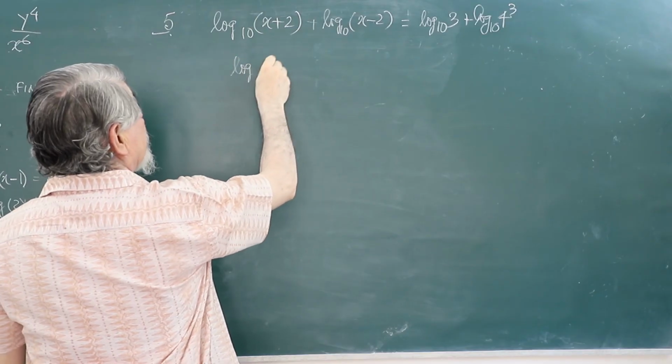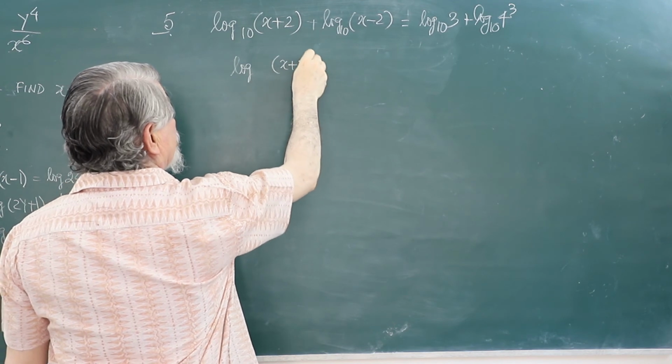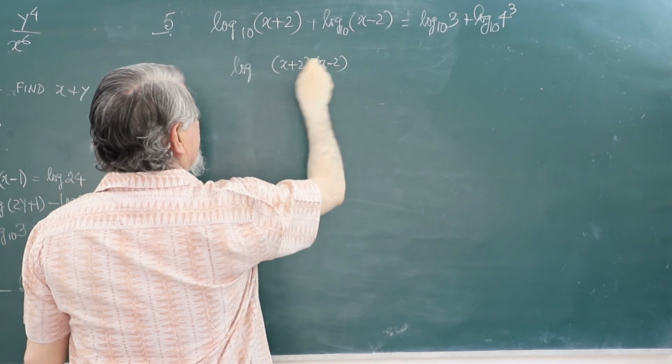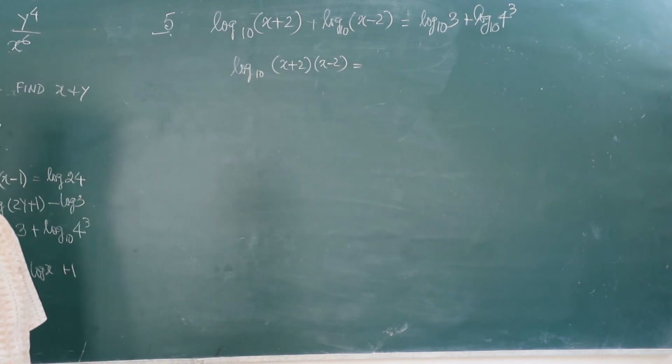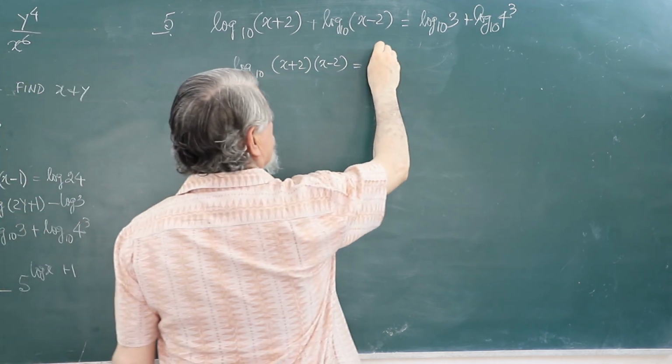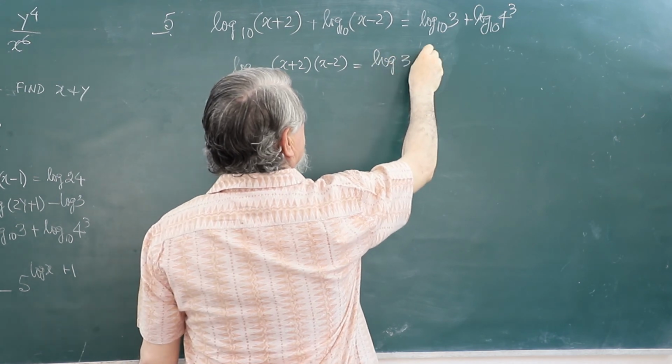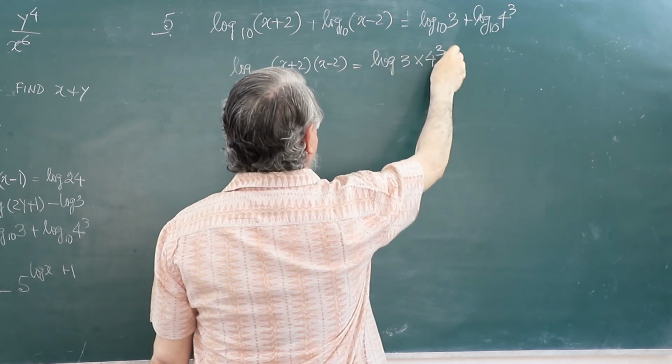It will be log (x + 2)(x − 2), again (a + b)(a − b), equal to log 3 into 4³.